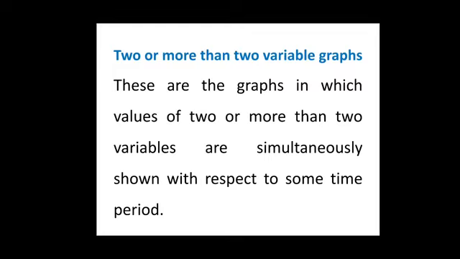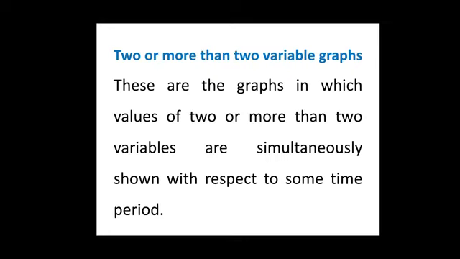That is, in such type of graphs, we can represent two or more than two variables on the same graph paper, which eventually facilitates comparison. However, for the sake of clarity, we should not represent more than 5 or 6 variables on the same graph paper.